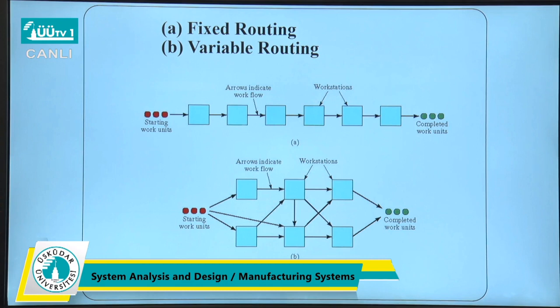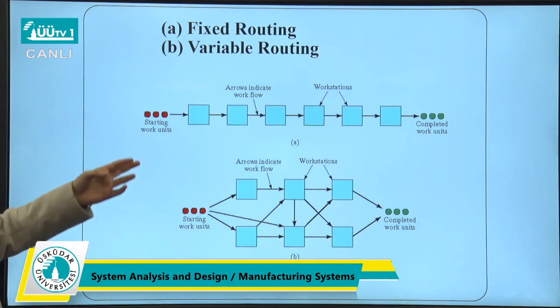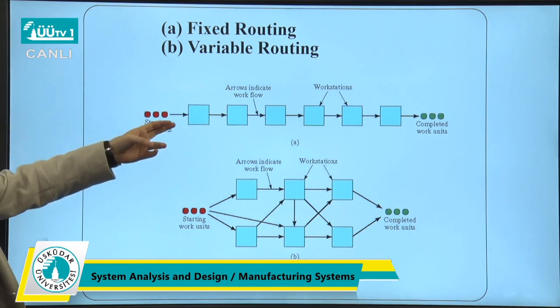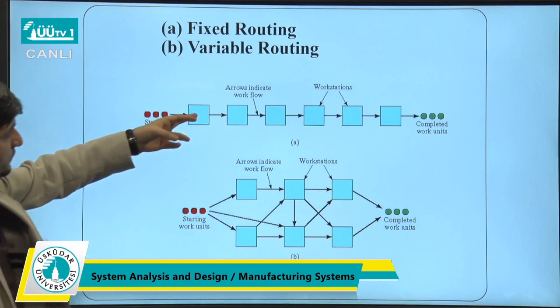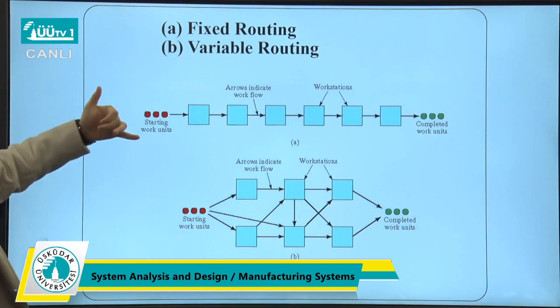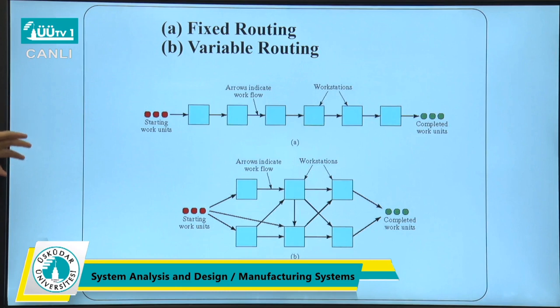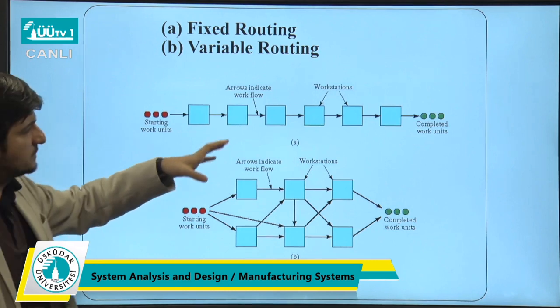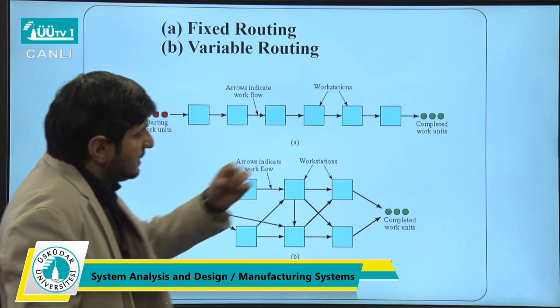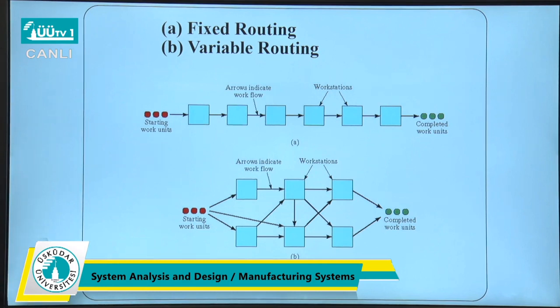So when we look at the process of the fixed routing and the variable routing, the starting units for the fixed routing just enter the system. As we can see, the arrows show the workflow between these workstations. The workflow passes to other workstations as required in the process, and at the end we have the completed work units.